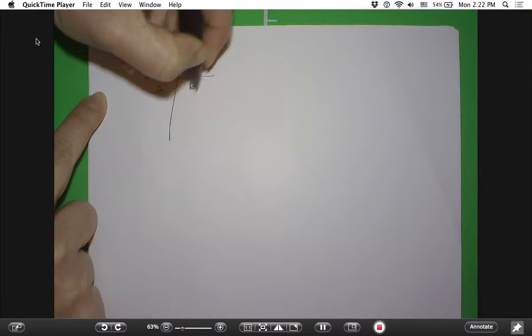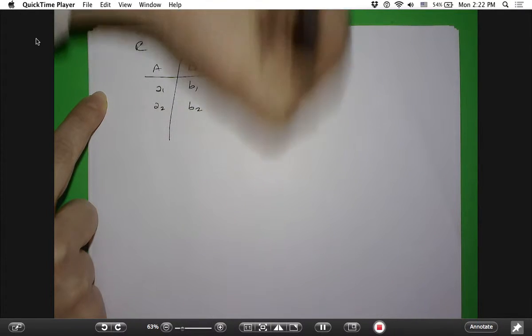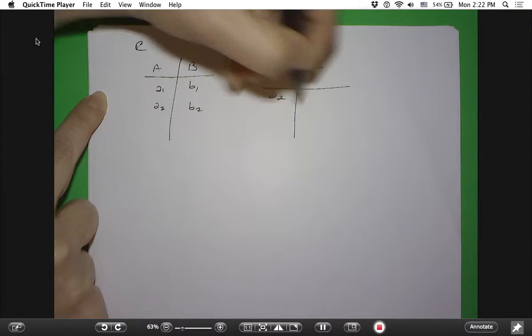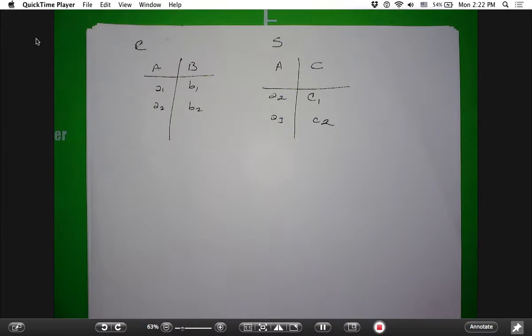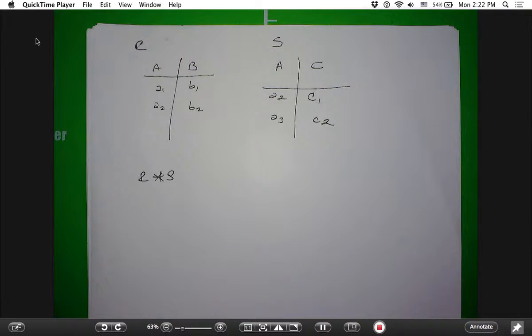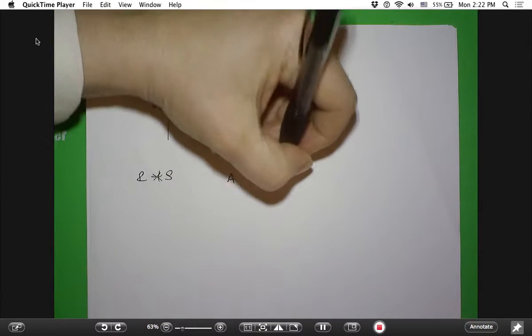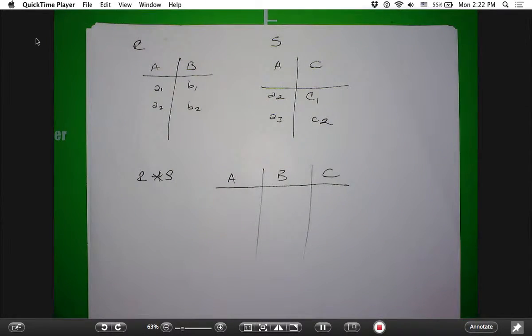So let's say you have R and S. If I do natural join of R and S, I will have attributes A, B, and C. And what will be in my relation?